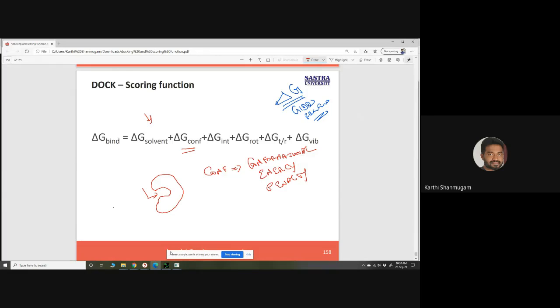Initially the ligand molecule is present like this, and one of the conformations of this ligand molecule is like this. Okay, both are same. So A and B both are same, just a graphical illustration for understanding the concept.